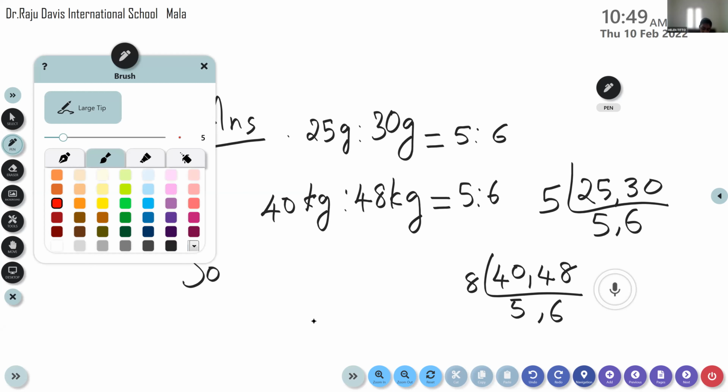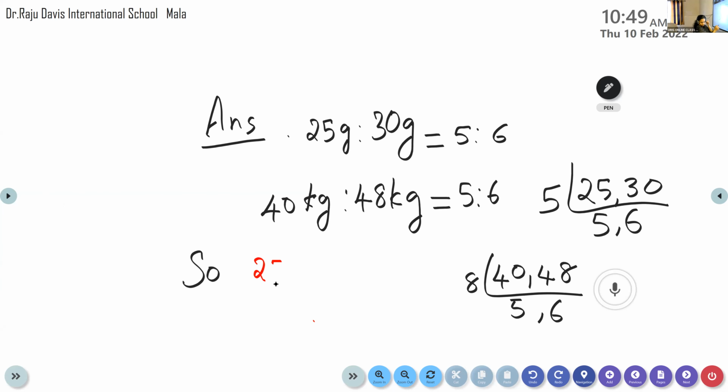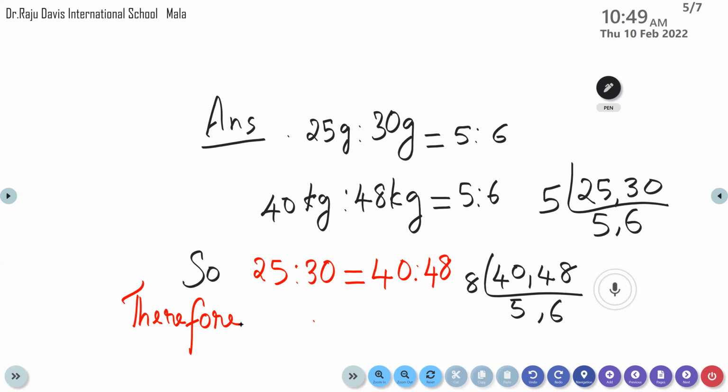Look at the question. So 25 is to 30 is equal to 40 is to 48. Therefore, the ratios are in proportion.